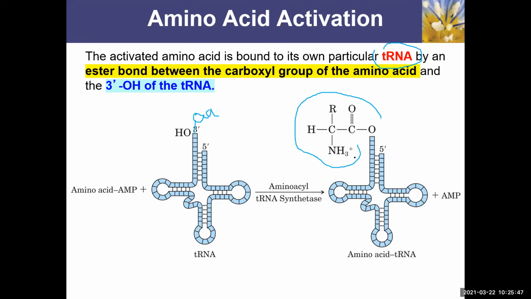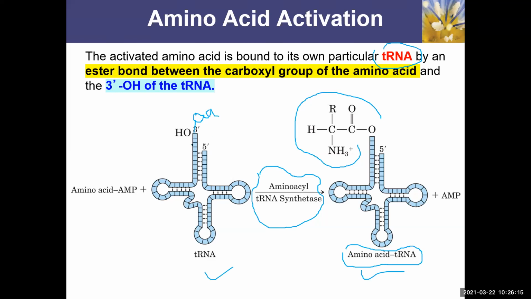That is called the charging of tRNA, and this will take place in the presence of an enzyme called aminoacyl tRNA synthetase. So we just had a tRNA, and now we have a charged tRNA: an amino acid plus tRNA. So this is called the charging of tRNA.